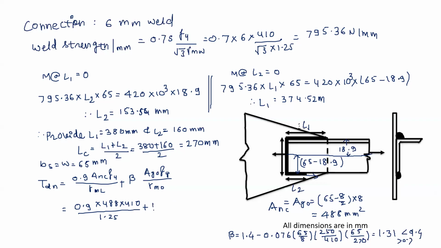So plus 1.31, AGO we have 488, FY we have 250, gamma MO is 1.1, and we have double angle section, so we can multiply it by 2. And from this you will get value of TDN, and that is 578.7 kilonewtons. And this is also greater than 420 kilonewton. 420 we have TU, and therefore safe.